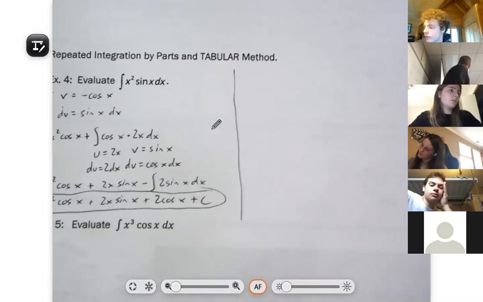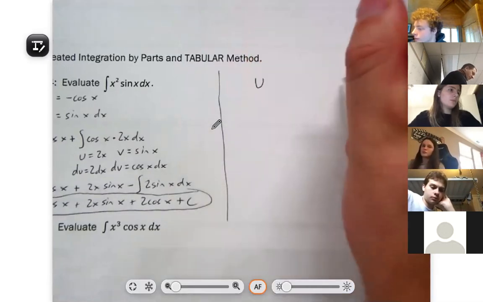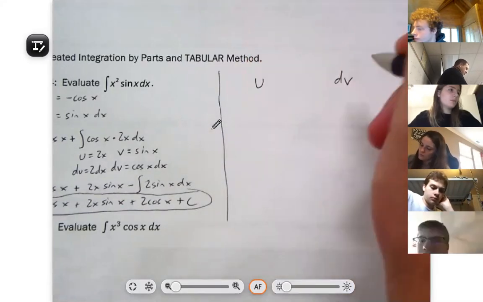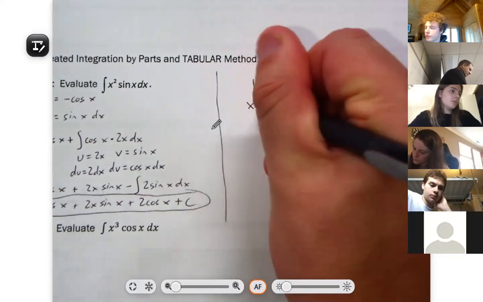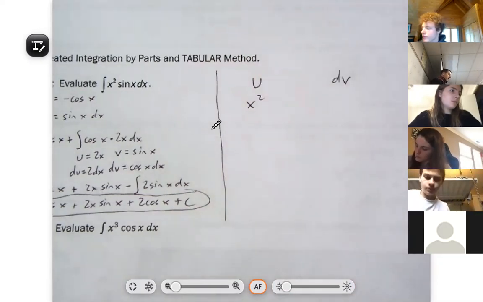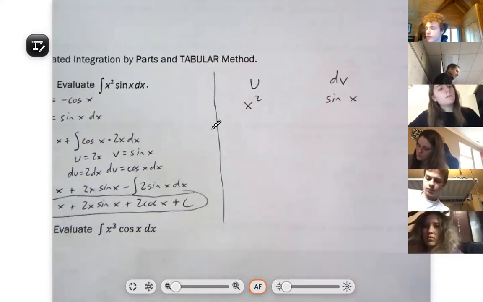So here's how it's going to work. I'm going to set up my u dv. My u is my algebraic component, in this case x squared. My dv is the other component, so sine x. For this method, we don't have to put the dx there.